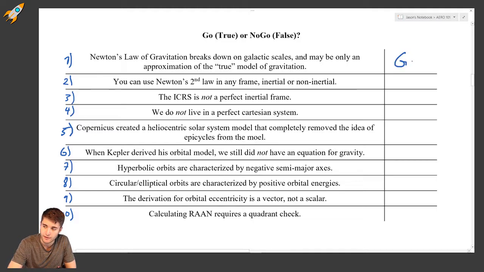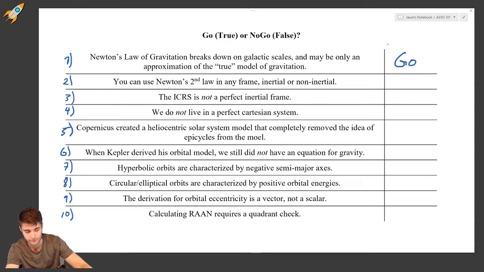We've determined already that Newton's law of gravitation doesn't seem to work appreciably at large scales, on the galactic scale. That could be two things, right? One, maybe it does work and there's mass that we don't see, or dark matter. Or two, we just don't know how this equation fully works yet. So yeah, 1 is a go.